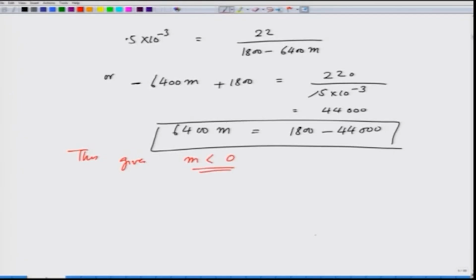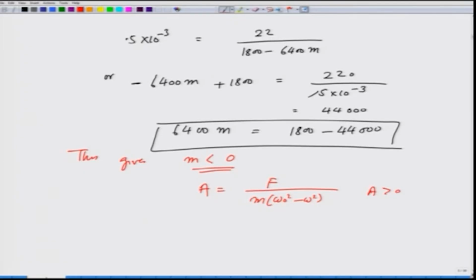Notice that when we wrote this equation, amplitude equals f over m omega 0 square minus omega square, we assumed that amplitude is positive, that means the applied frequency is less than the natural frequency.